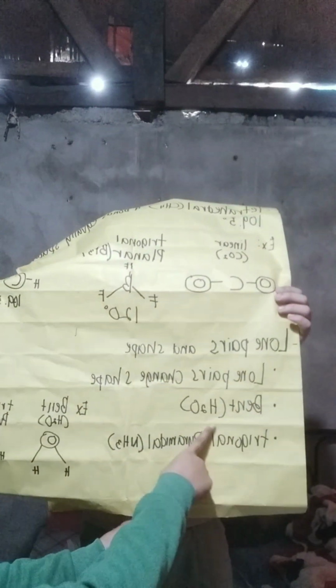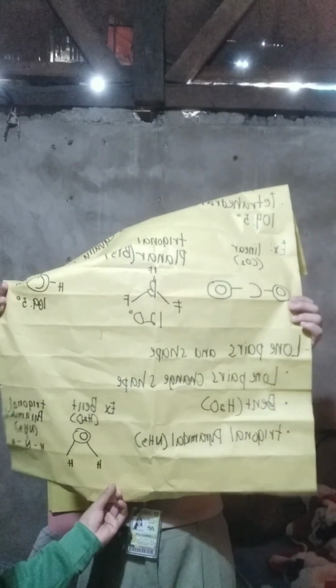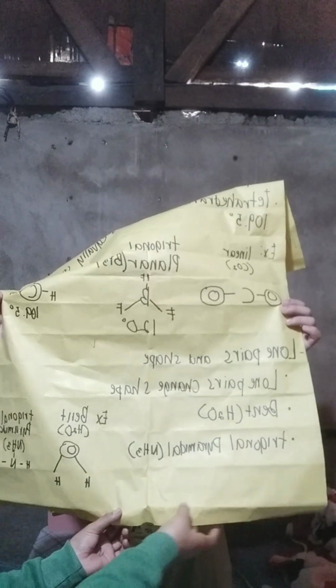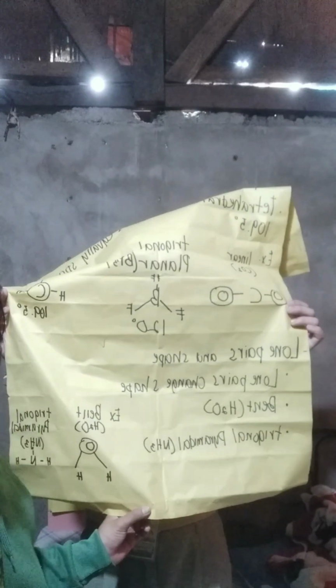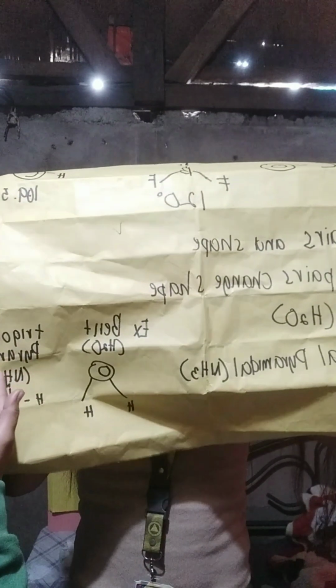We have bent H2O. Because of this, water is not straight; it becomes a bent shape, like the letter V. This means lone pairs have strong repulsion against the bonding pairs, which changes the shape of molecules. Here are the examples, bent and trigonal pyramidal.